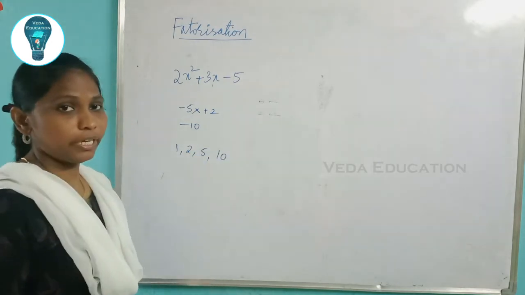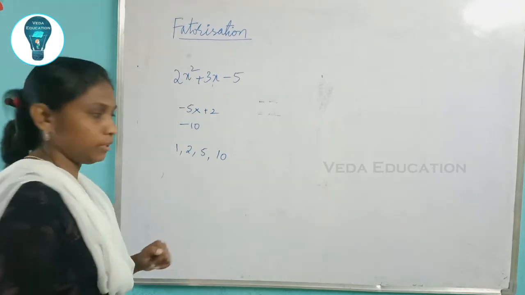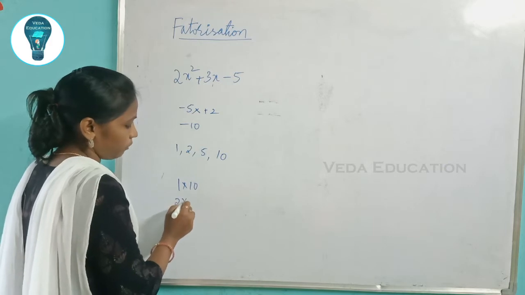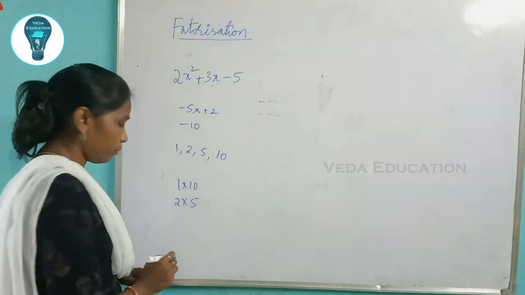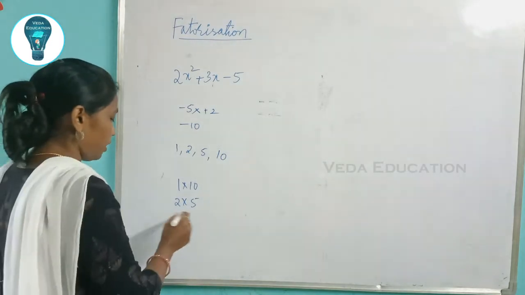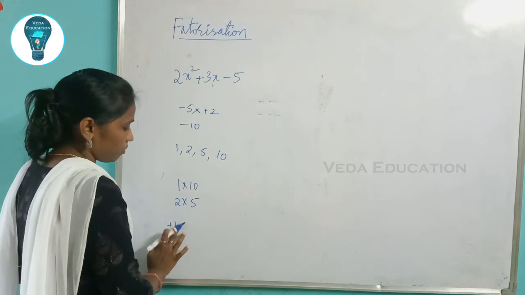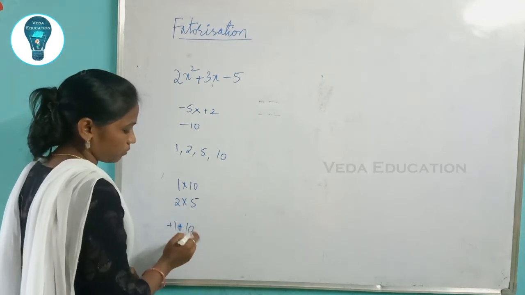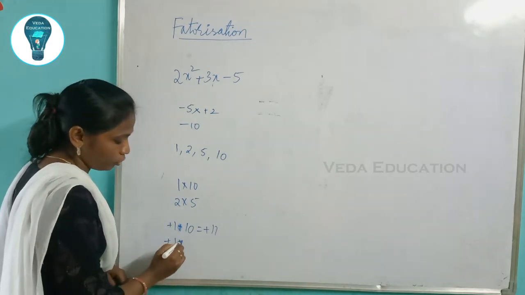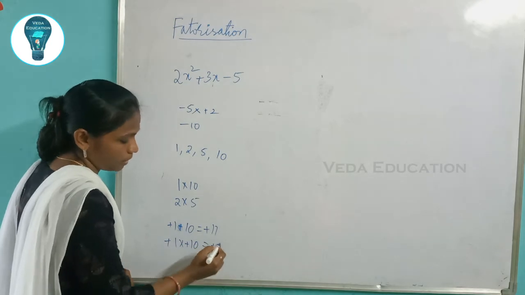Next, step 3: we write the possible pairs that give 10. 1 into 10 you will get 10, and 2 into 5 also you will get 10. Now we apply possible signs to these pairs. Plus 1 plus 10, you get plus 11, and plus 1 into plus 10 you get plus 10.